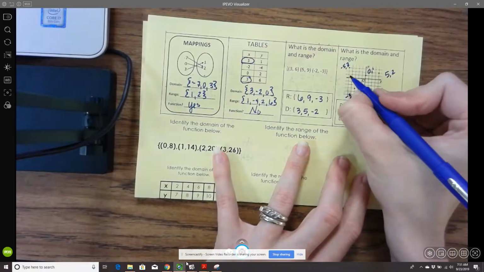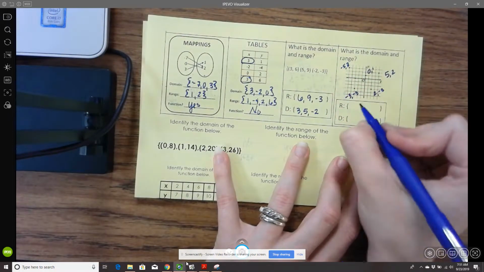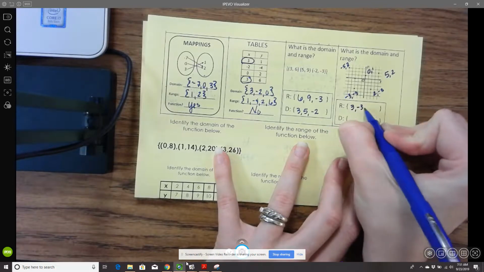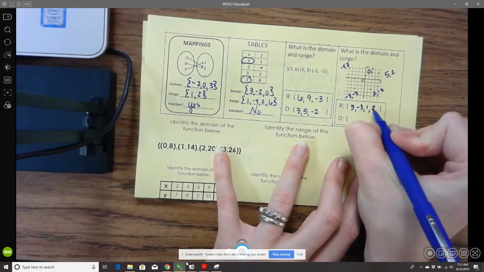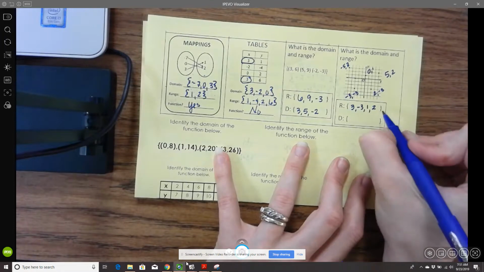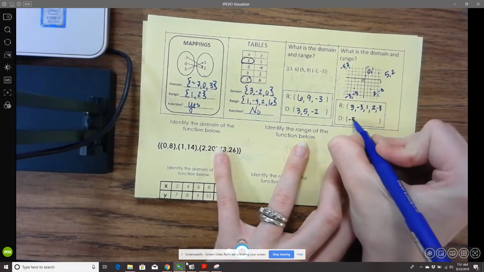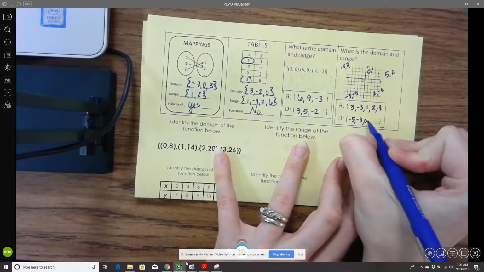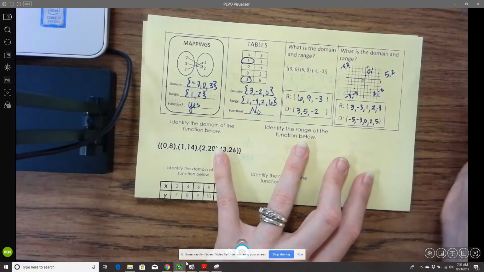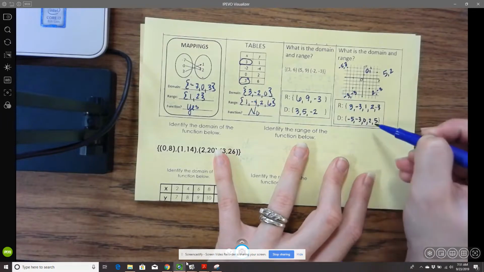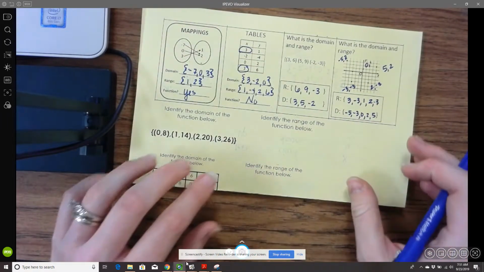So our range is going to be the y values. So 3, -3, 1, 2, and then there's another -3. And then your domain is going to be your x's, so -5, -3, 0, 2, and 5. So as long as your domain values don't repeat, then this is a function.